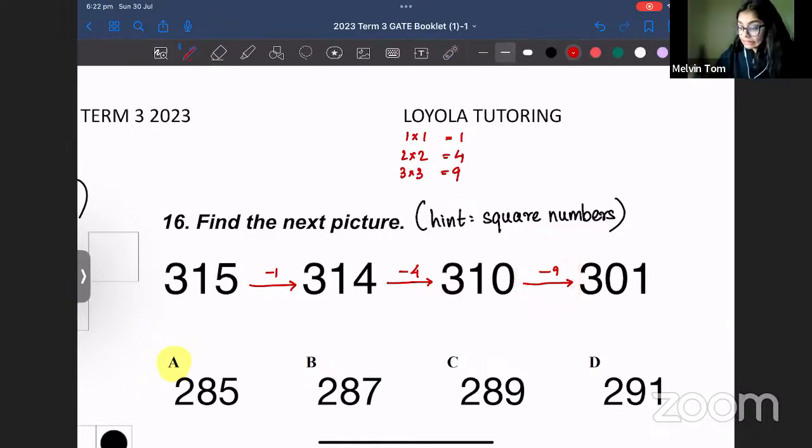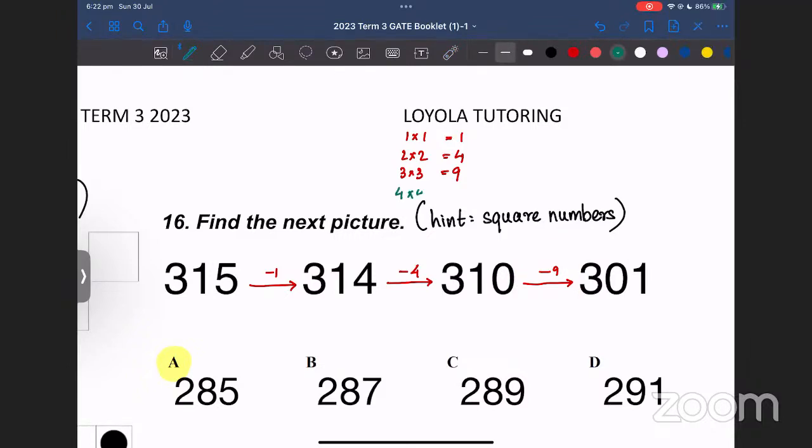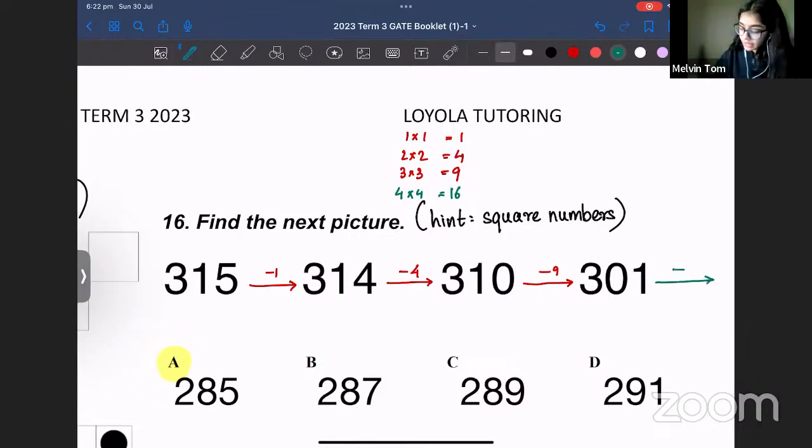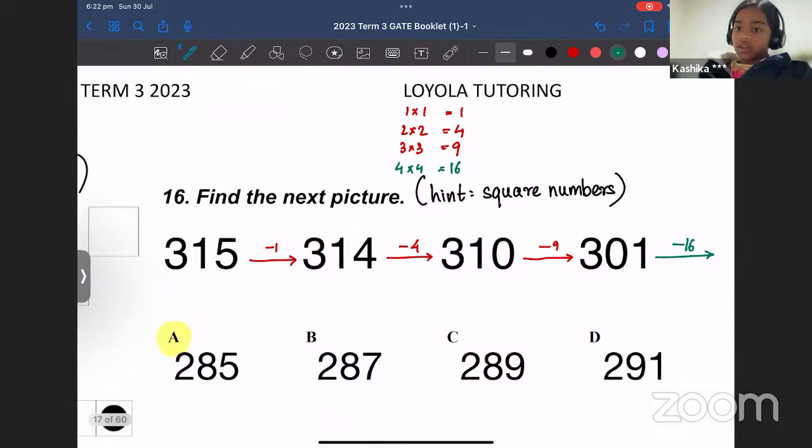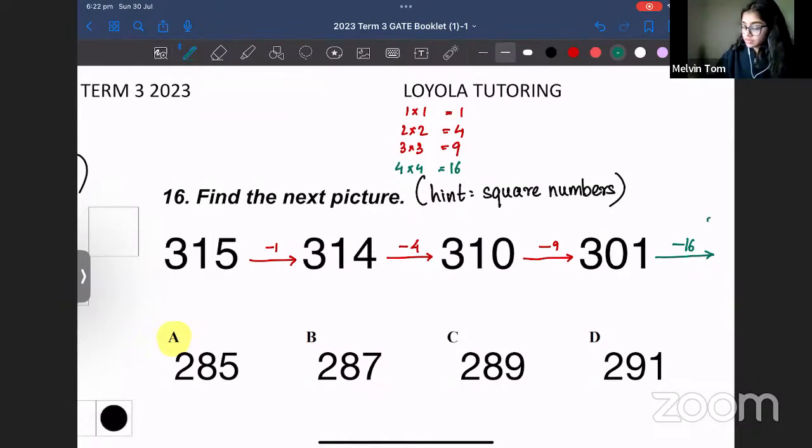So clearly the next pattern is going to be 4 times 4, which is 16, so next should be -16. Now you tell me, 301 minus 16. 285. Very good. That is why your answer is 285.